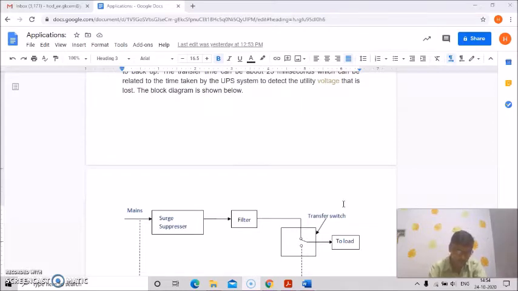Not only that, in the last class we also discussed static circuit breakers, both static DC circuit breakers and static AC circuit breakers.